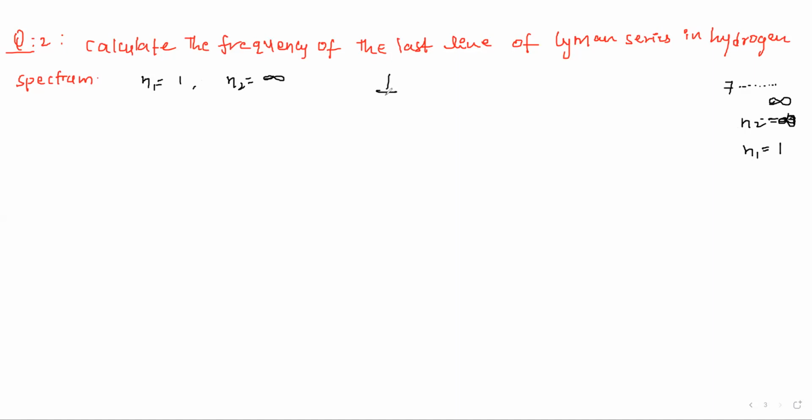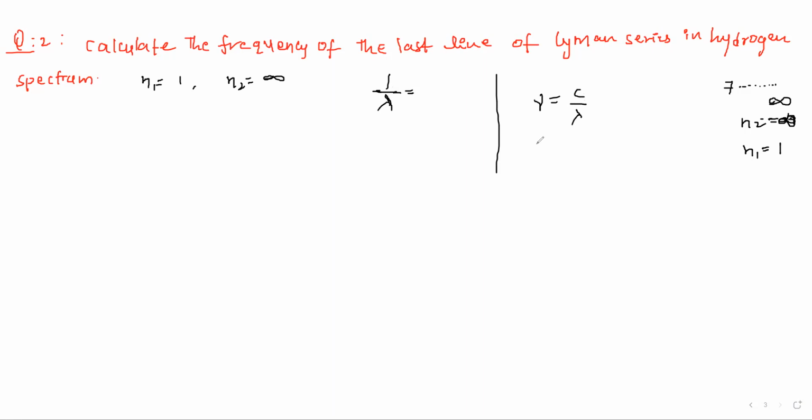Now calculate the 1 by lambda value. After getting the 1 by lambda value, then I will explain how to calculate frequency. Frequency equal to C by lambda, Amma.